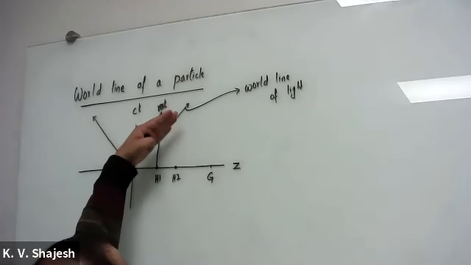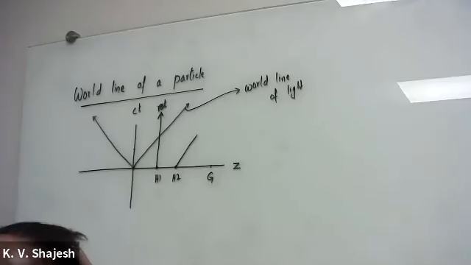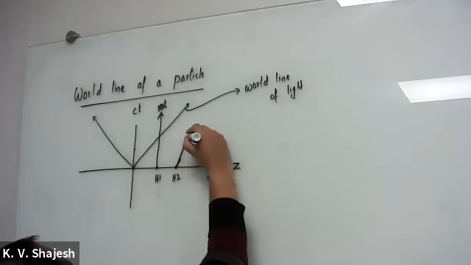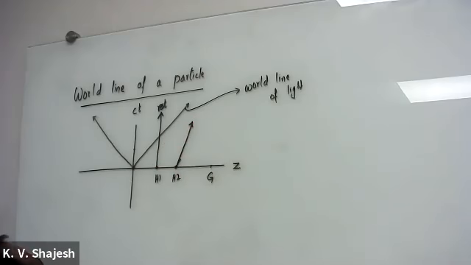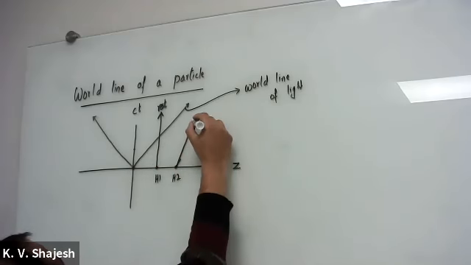If you go beyond that, you're going faster, right? You're covering more distance than light can cover. So it has to be smaller than that. So that's your moving particle.